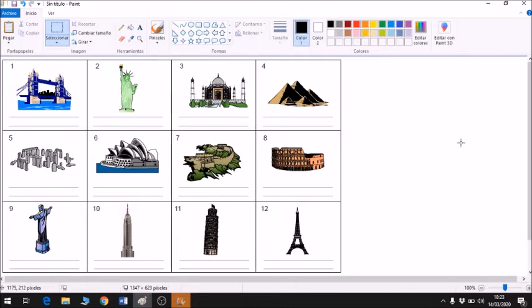As an introductory activity, we are going to try to find the name of these famous structures around the world. I am going to give you more or less 1 minute to find the name of these structures, and in the second space that you have to fill in, you must tell me the country or the city in which you can find these famous structures.